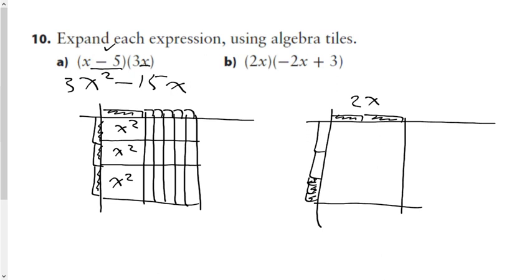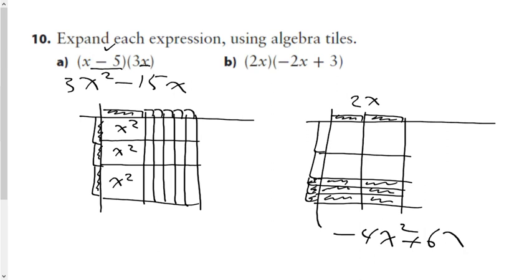Fill in your area. Bring your lines over. Those are all going to be positives because it's a positive 1 times a positive x. And my solution is negative 4x squared plus 6x.